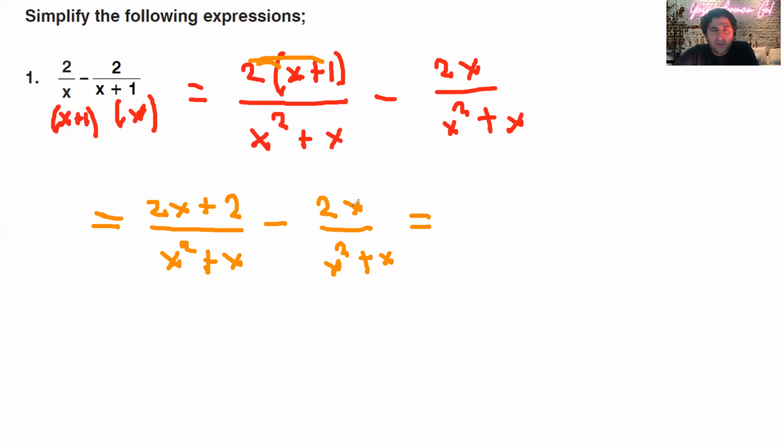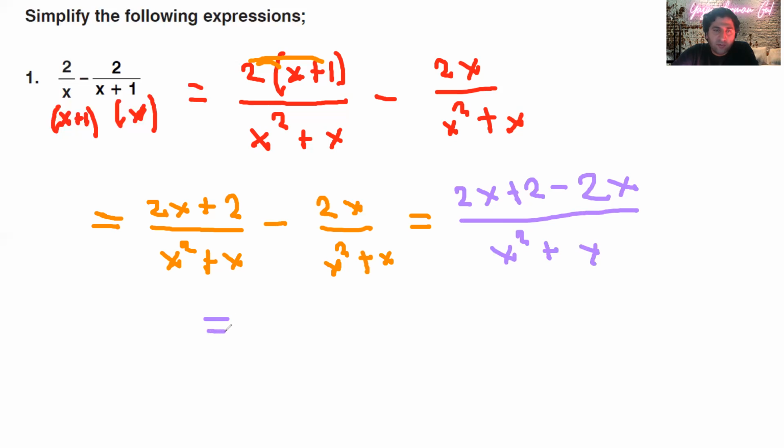Because now my denominator is the same, I can just simply subtract the numerators: 2x plus 2, minus 2x, over x squared plus x.